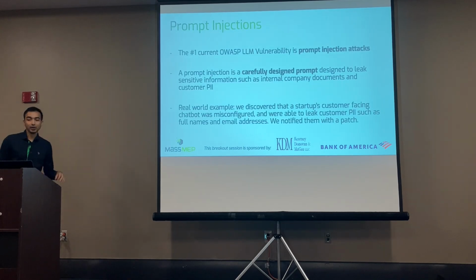And I wanted to talk a bit about prompt injections. This is OWASP's number one security vulnerability for LLMs. And I think this is going to get bigger and bigger over the years. What a prompt injection is: I can give a chatbot a really well-designed prompt, and I can get it to do things it's not supposed to do.